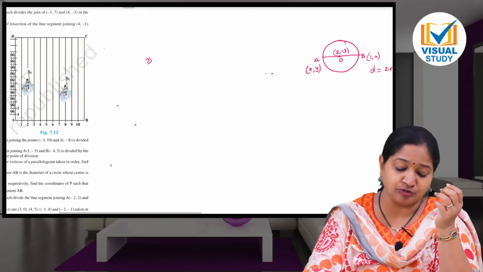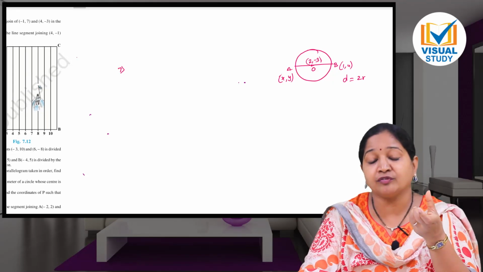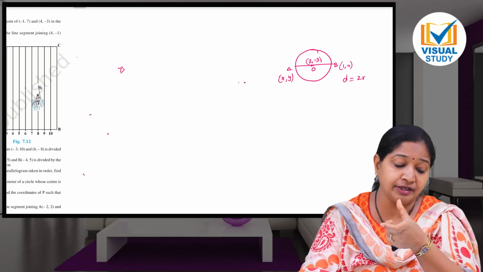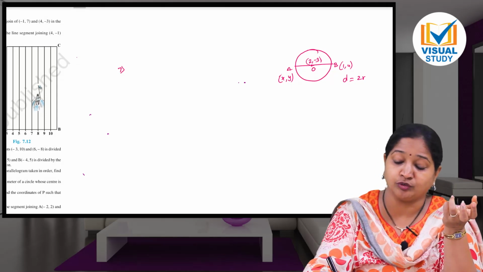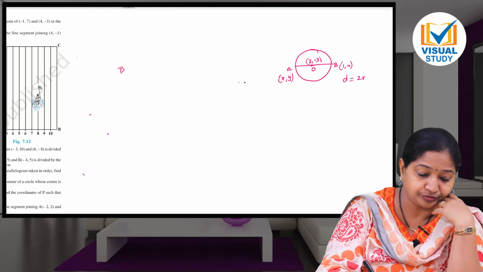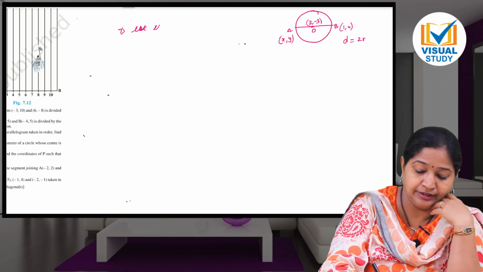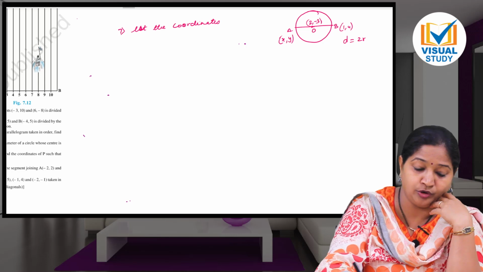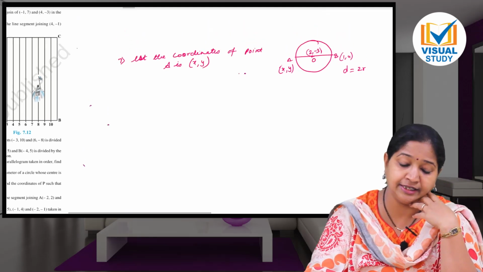Here also we are going to do the same thing. As you know, O is the center of the circle and AO and OB are the radii of the circle, so both radii will be equal. So we'll use the midpoint formula here also to find A. Let the coordinates of point A be (x, y).